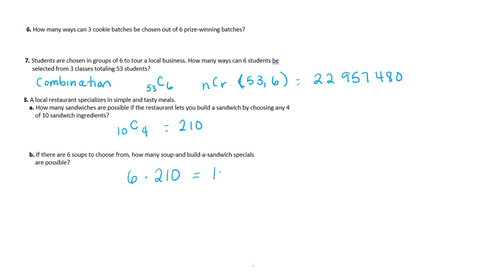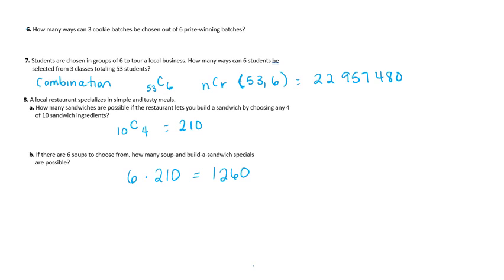So when I multiply those together, I get 1,260. So I found my combination, and then I said, hey, okay, but we also get a choice of 6 soups. So then I go back to the counting principle. 6 soups times 210 different sandwiches, so 1,260 different build specials that I can choose from.